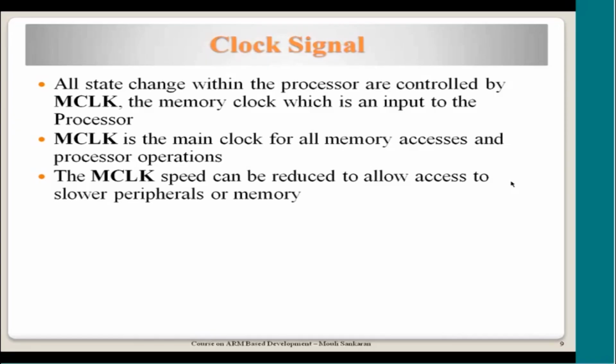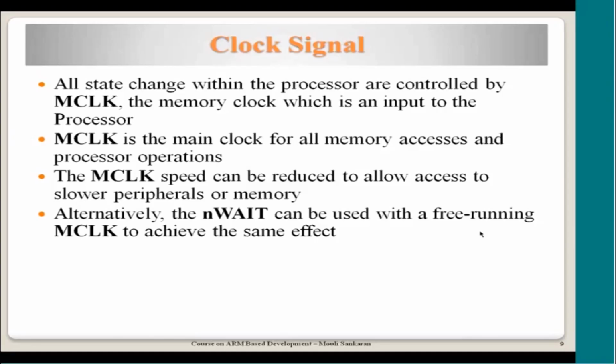Then the processor should be configurable to run at any speed. So MCLK has a provision with an additional signal called nWAIT. You can always set the clock signal to make it run slow. So the internal clock is always taken from the MCLK signal together with nWAIT.